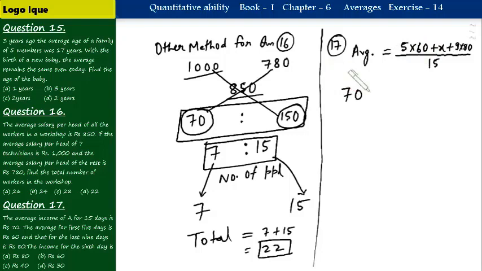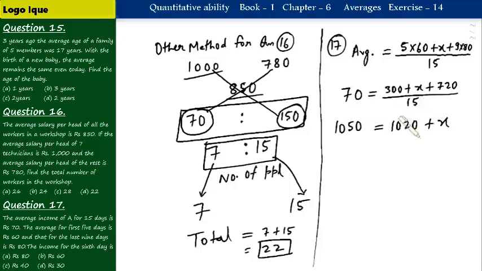So 70 is equal to 5 into 60 is 300 plus X plus 9 into 80 is 720, divided by 15. Now 15 goes to the other side. 15 into 70 is 1050, equal to 300 plus 720 is 1020 plus X. So X is equal to 1050 minus 1020, which is 30. So 30 rupees is the income of the 6th day. It's a simple question.